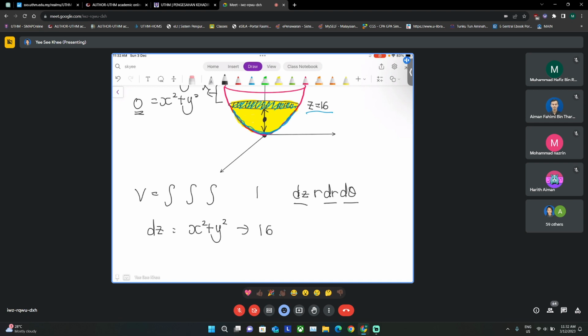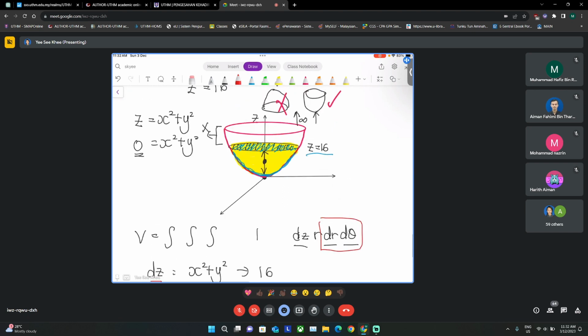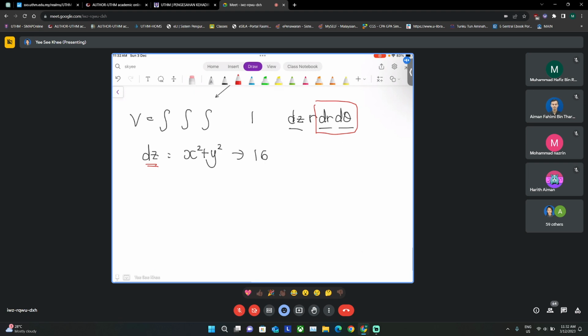Next, we move on to the dr and d theta. This one usually you have to choose projections, because just now we already defined the dz, right? So you have to view the whole structure, the yellow structure, from the top. When you view it from the top, you can see a circle, right?